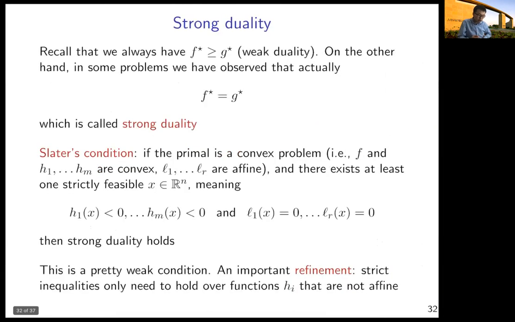Okay, so now let's talk about strong duality. It turns out that for most convex optimization problems, strong duality is something that's given to us, under only a very weak set of conditions called a constraint qualification.